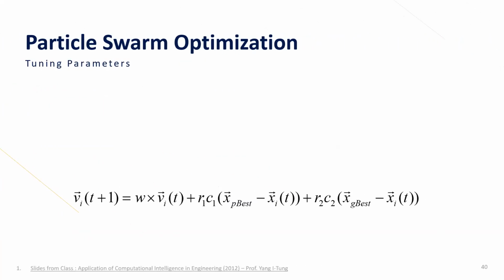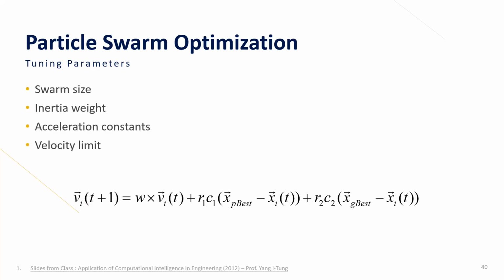Okay, let's start by introducing you to the parameters that are commonly used in PSO. First, there is swarm size. The larger the swarm size, normally the better chance to explore more solutions, because swarm size represents how many individuals are in your swarm or population. For example, you want to have 5, 10, or 100.